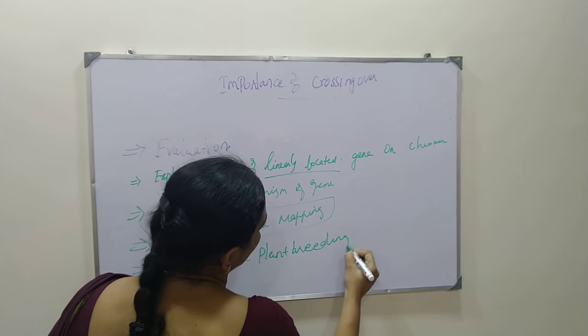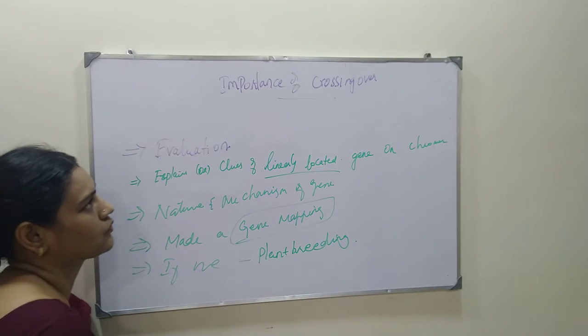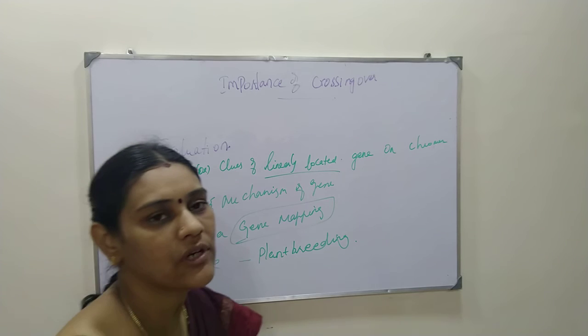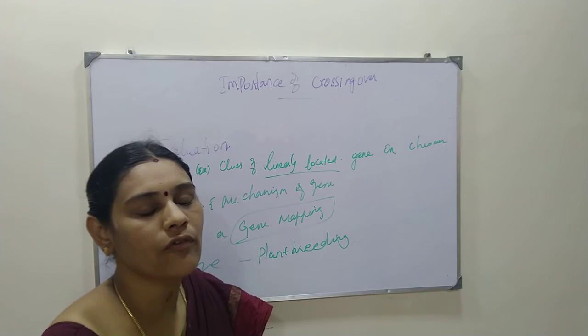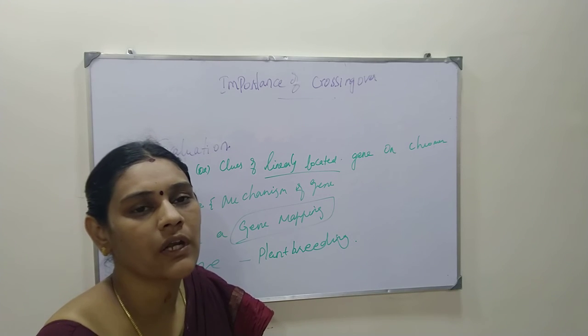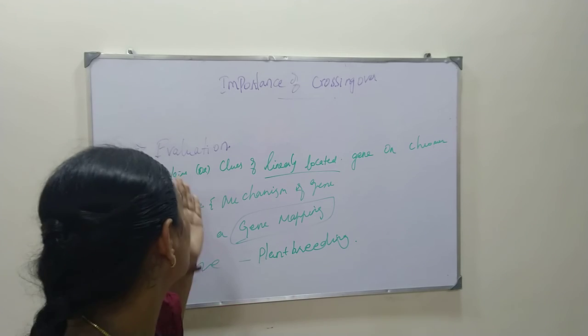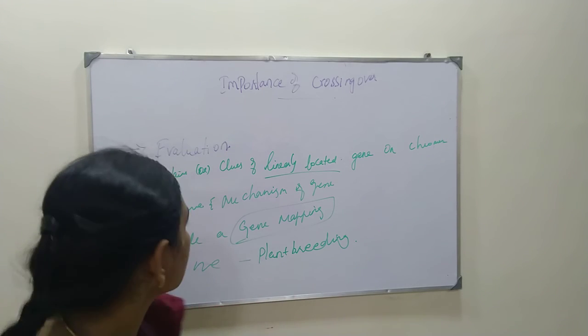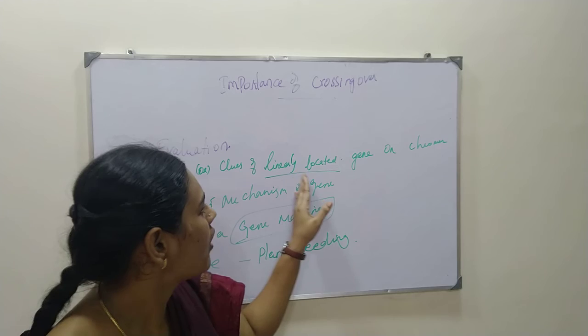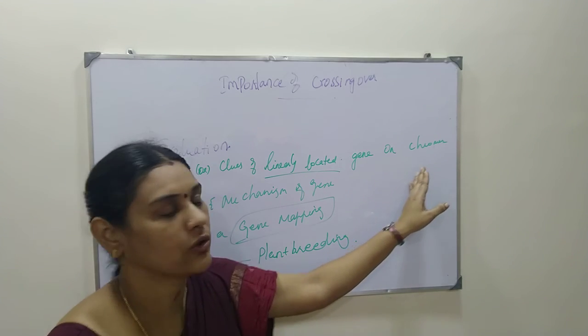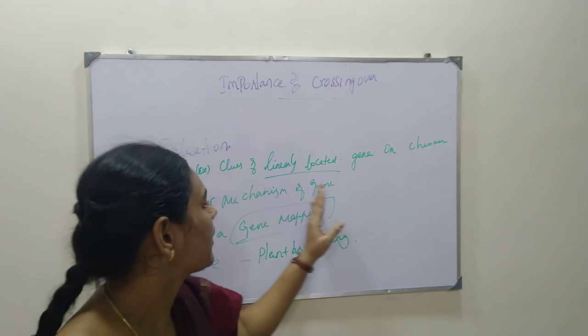So these are all the importance. First, crossing over helps in the combination of two genes, and we get new combinations of genes, which helps in the evolution process. It also explains the clue of linearly located genes on the chromosomes, and the nature and mechanism of genes.